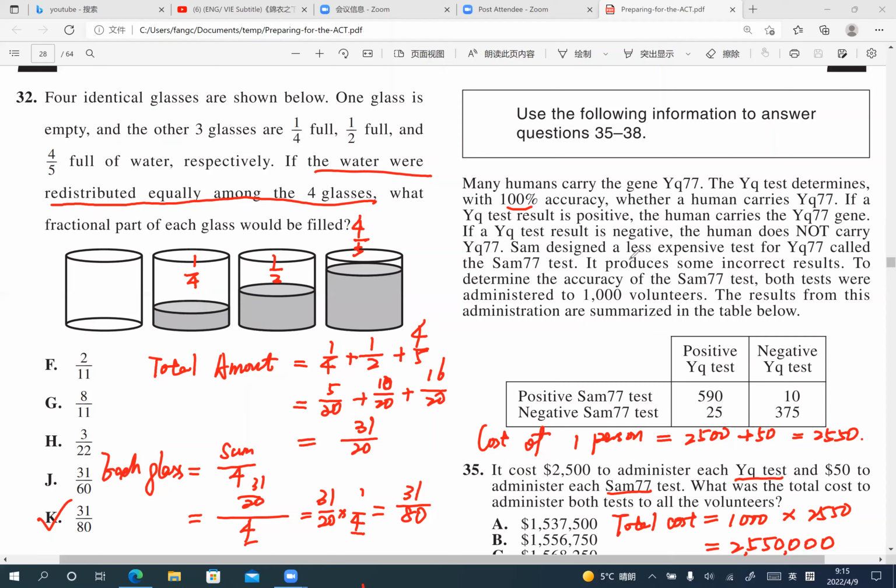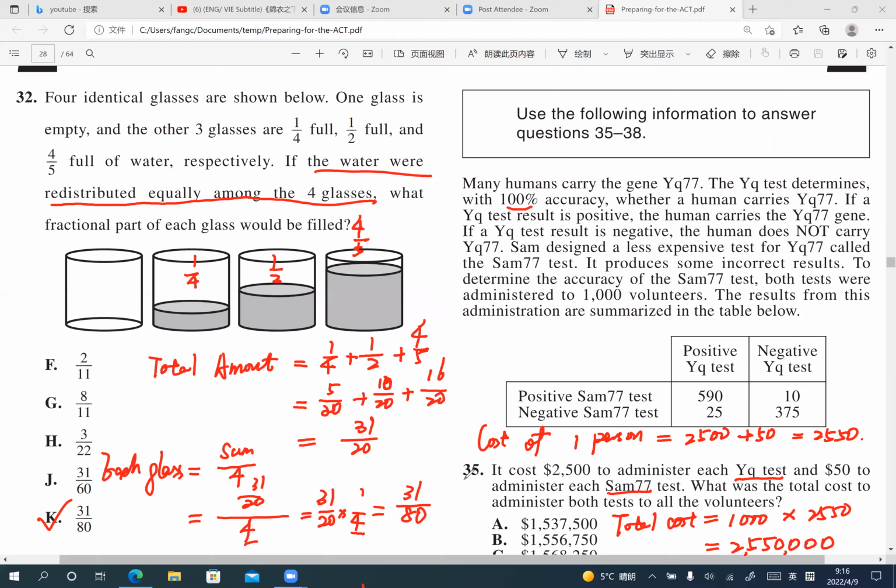Sam designed a less expensive test for YQ77 called the SAM77 test. It produces some incorrect results. To determine the accuracy of the SAM77 test, both tests were administered to 1,000 volunteers. The results from this administration are summarized in the table below.